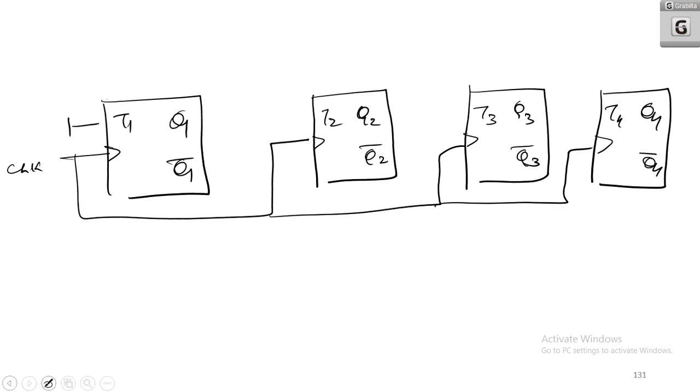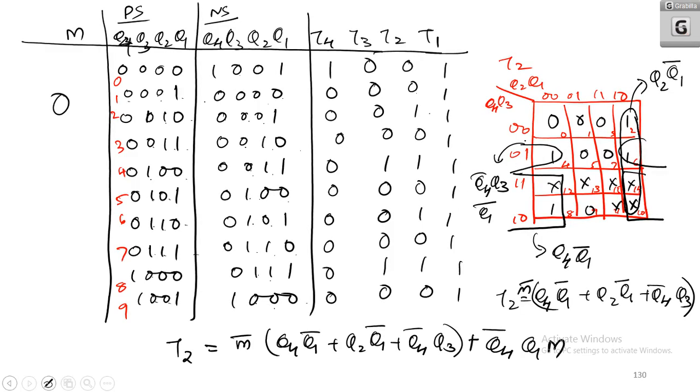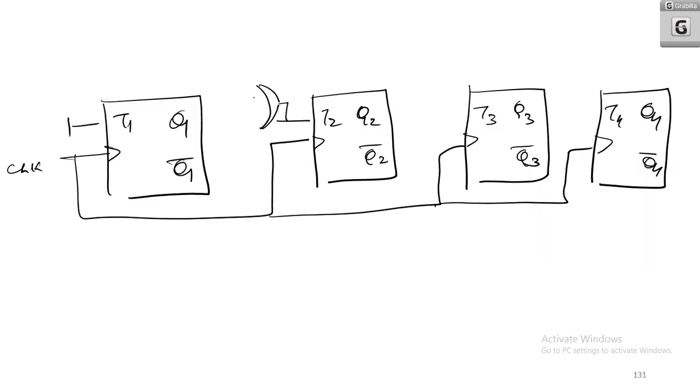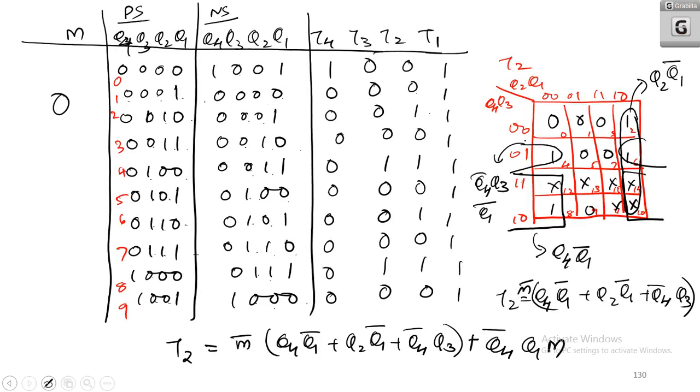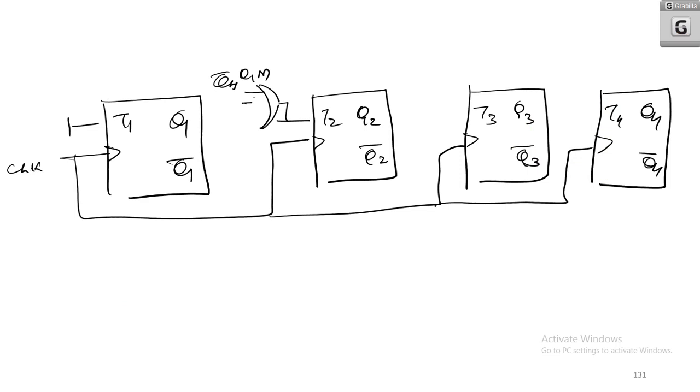Now I can have the expression of T2. Whatever is in T2, you OR along with the gate. So we can have an OR gate in here. And what is coming in? For T2, you will have Q4 bar Q1 M. No need to draw in a circular fashion, but Q4 bar Q1 M, then M bar Q4 Q1 bar, and you can attach all these things.